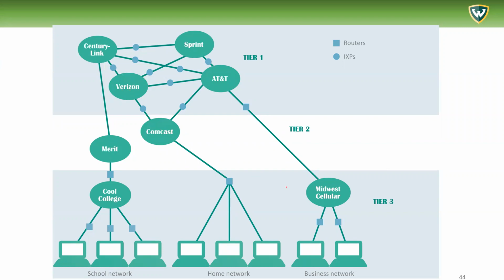And there's also what is called tier 3, which can be wide area networks, WANs, where business networks or home networks connect. So there are these different levels, which may be invisible to us, but essentially establish the overall internet infrastructure.